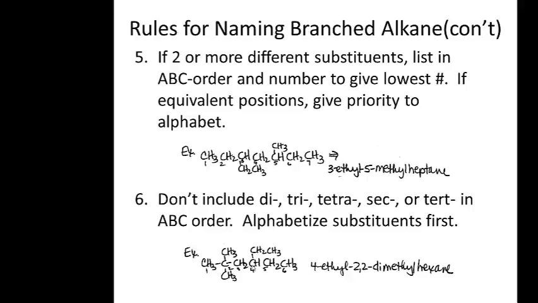So this would be a 4-ethyl, because I don't pay attention to the di part of this. And this would be a 4-ethyl-2,2-dimethylhexane, alphabetizing by the methyl.